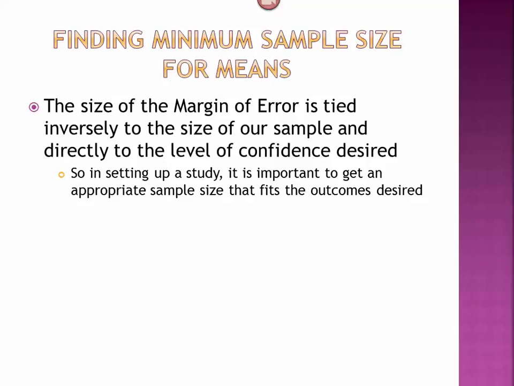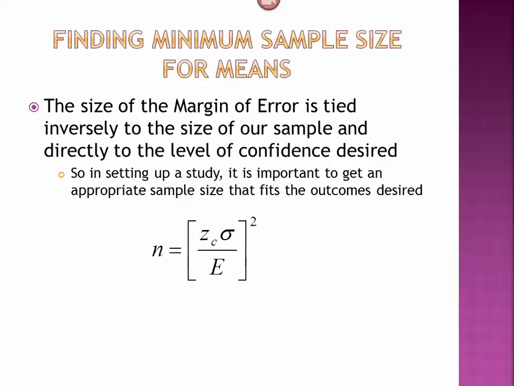So we want to make sure the margin of error isn't too big, and we want to have a high level of confidence that our interval contains the population parameter we're after. So it's really important for us ahead of time to figure out how big of a sample we should shoot for. If we take the margin of error formula and solve it for n, we get this.